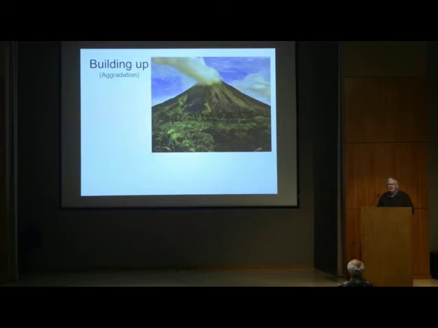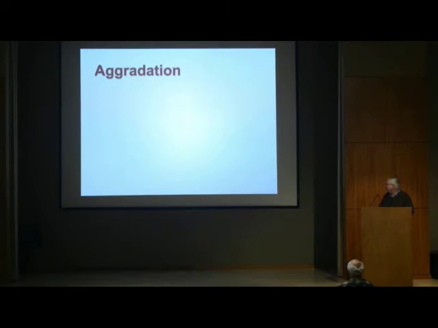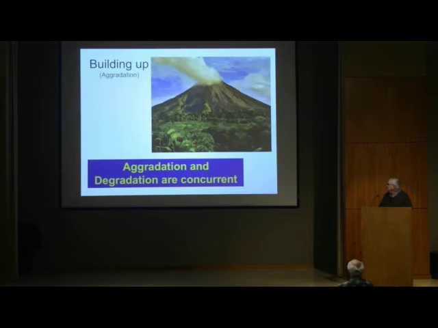Sometimes, if you look at professional literature in geology or geomorphology, they will use the term aggradation to refer simply to sedimentary deposits. I'm going to use the term here, and others do this as well, to describe any accumulation of material, any buildup, such as in a volcanic eruption.